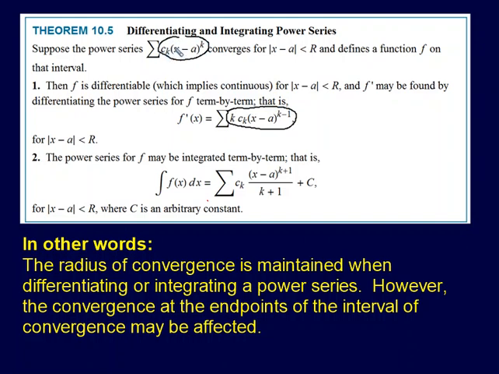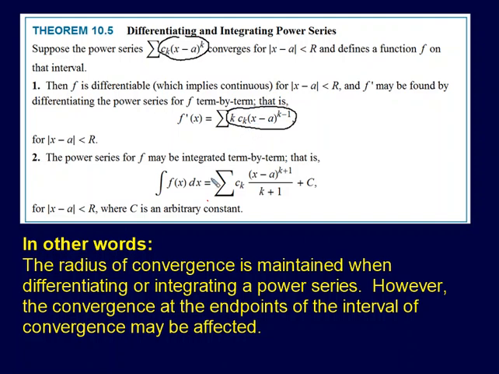The variable is x, and the power on each term is the number k, which is also for each term a constant. And so all you're seeing down here is essentially the power rule for derivatives. Remember, the k, the power, comes down to multiply into the coefficient, and then the power of x minus a decreases by 1. So really all you're seeing here is the power rule for derivatives applied to the terms of the power series.